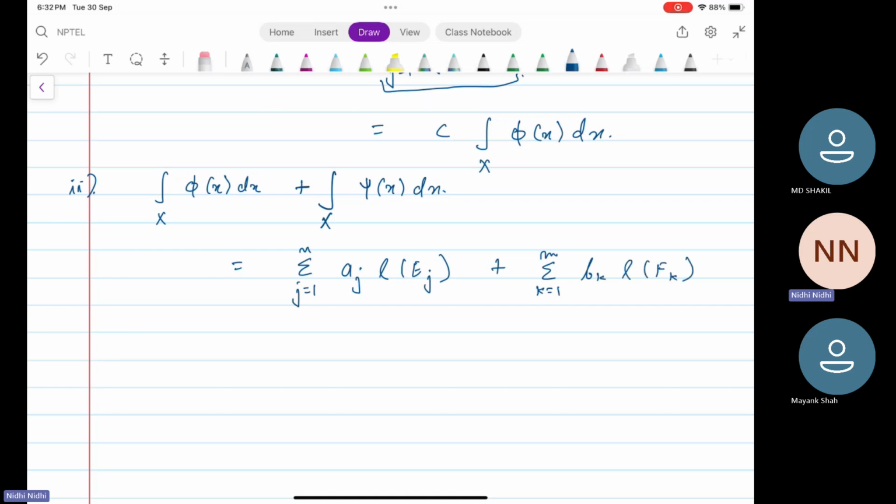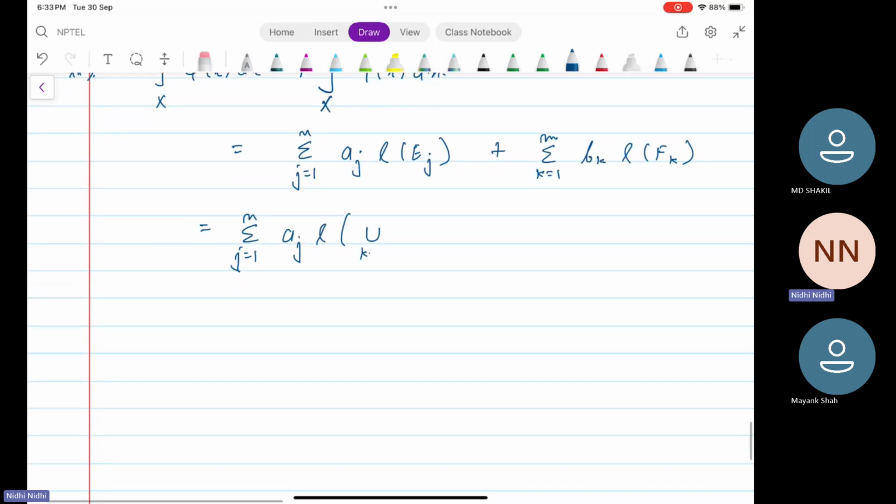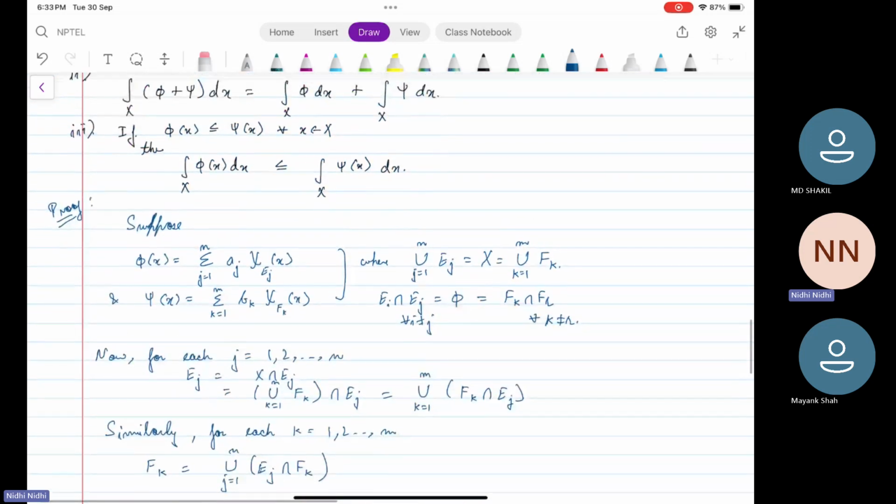Now we'll use the above relation between the ej's and fk's. So I can write this ej as equal to summation j from 1 to n of aj times the length of the set union k from 1 to m of fk intersection ej. I'll mark that as star.